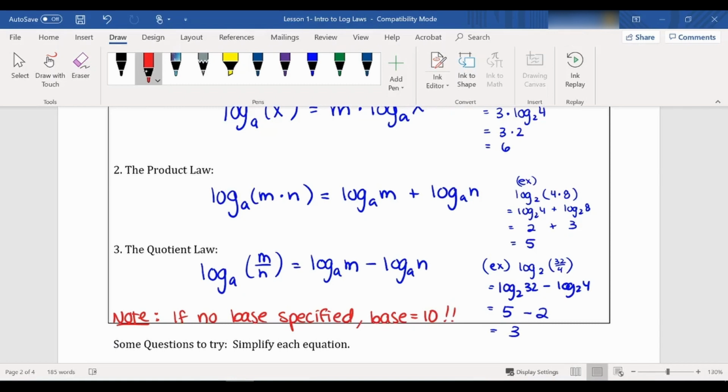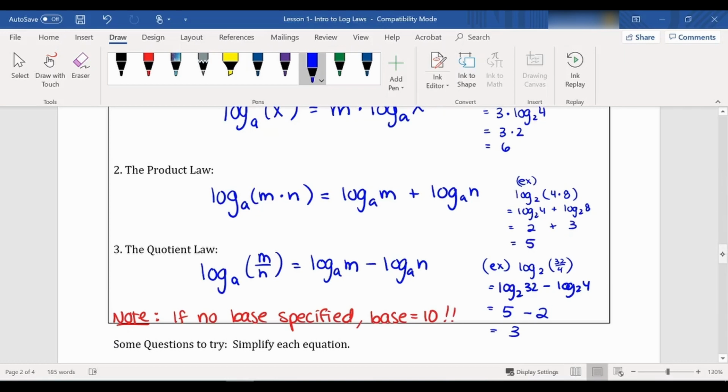Some of you with super fancy ones, when you push the log button, a little box comes up, like where my A is here, and it makes you type in that base every single time. But most of you, if you have the special calculator with the little box, you have an option that has the box, and then you also have a very basic log button that doesn't have the box that'll default to your 10.